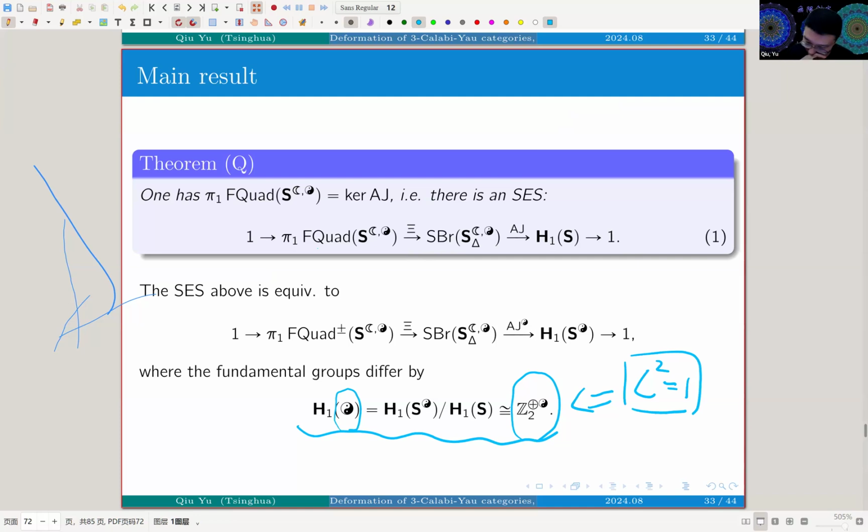From the point of view of quadratic differentials, we say we add this Z2 symmetry manually, but because we know it corresponds to some space of stability conditions on the 3-Calabi-Yau category, that's the motivation. Although we will mention another motivation very soon.